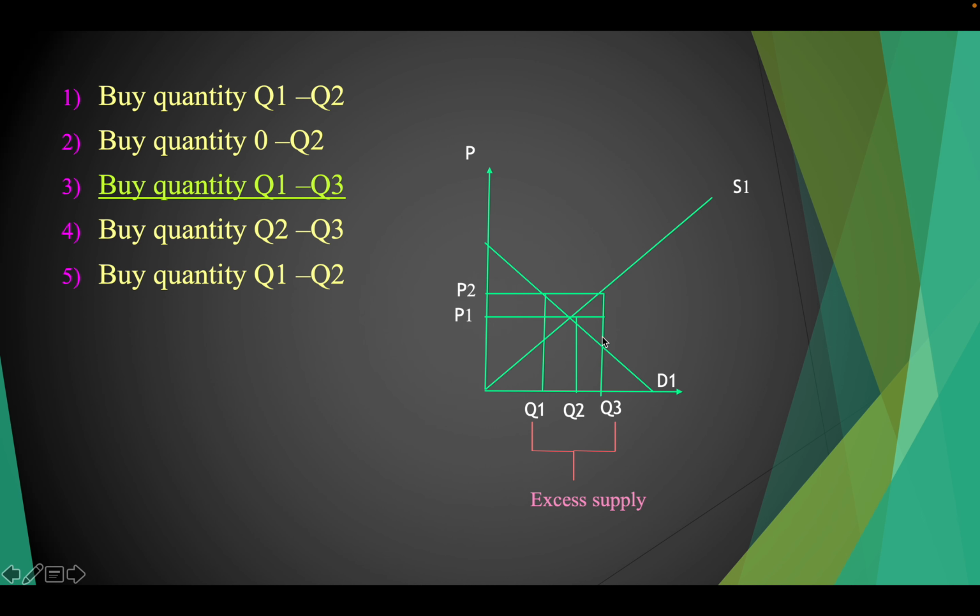So at that time the quantity Q3, that means the supply. So you can see this is the demand, this is the supply. Supply is greater than the demand, that means excess supply. You can see the government has to purchase the excess supply, that means the Q1 to Q3 amount. The government has to purchase quantity Q1 to Q3.